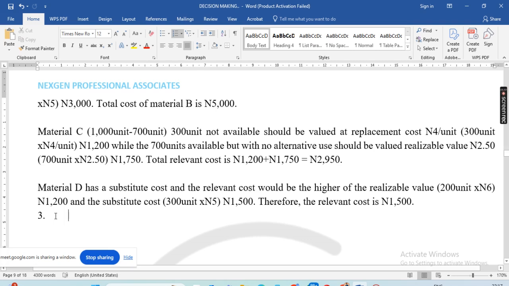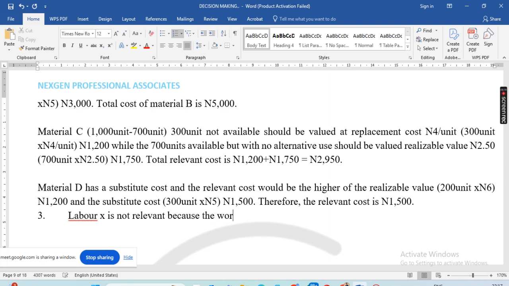Now, labor S. Let me just cut the story short. Labor S is not relevant because the workers are idle.